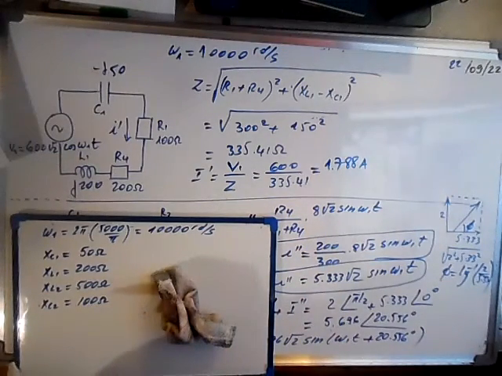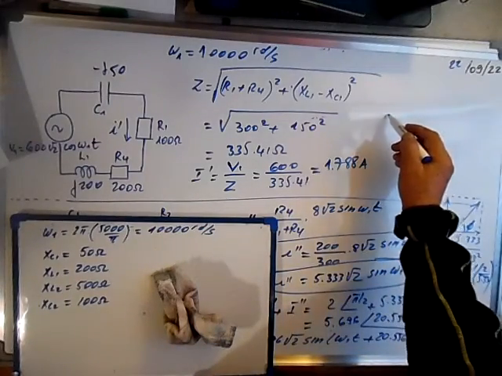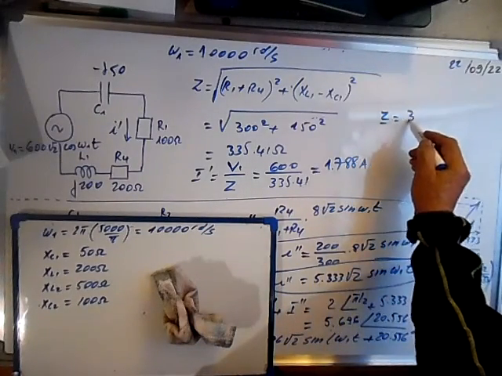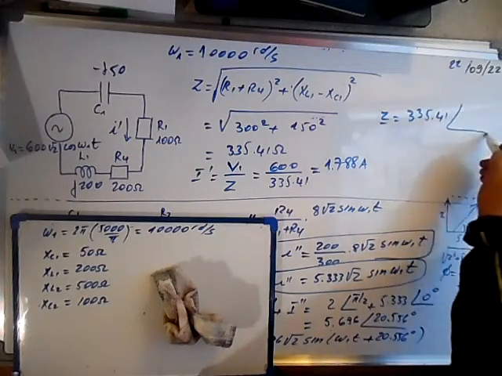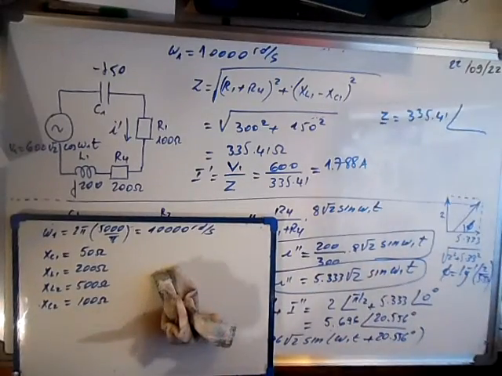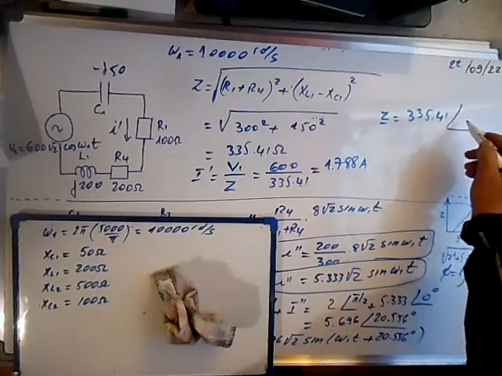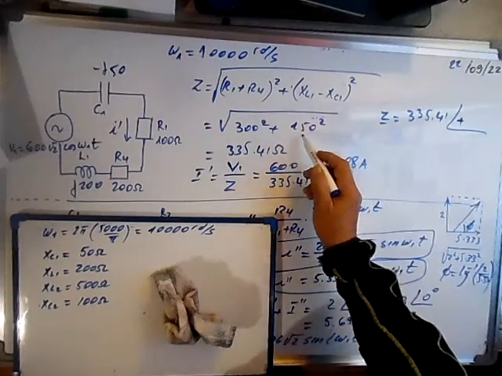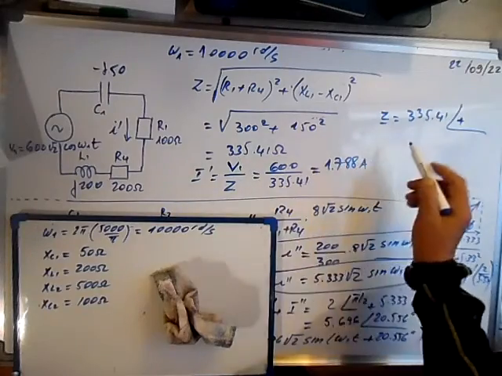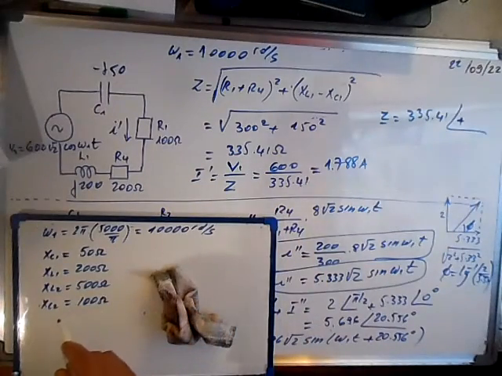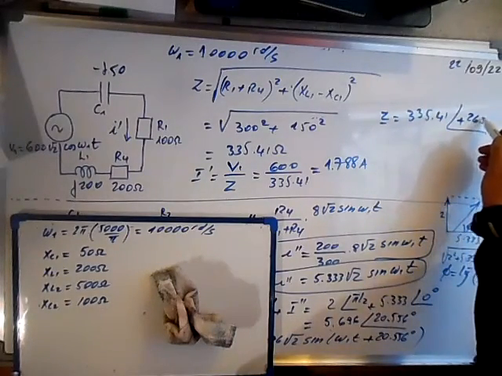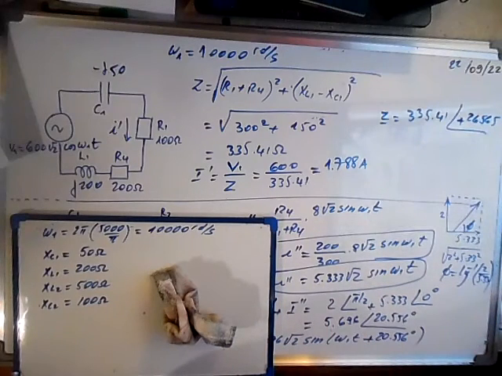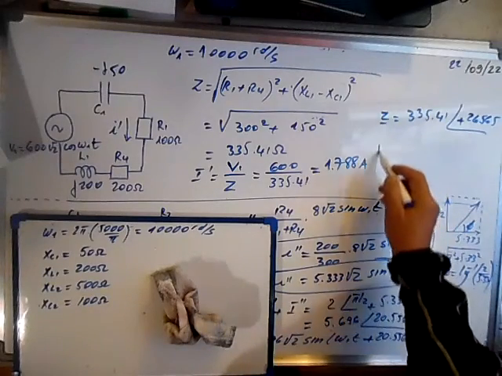And we can calculate the argument of the impedance as well. Remember, the impedance is complex. We have the module, and the argument, because it's inductive, is plus arctangent of 150 over 300, which is 26.565 degrees. Now we can calculate the complex current.